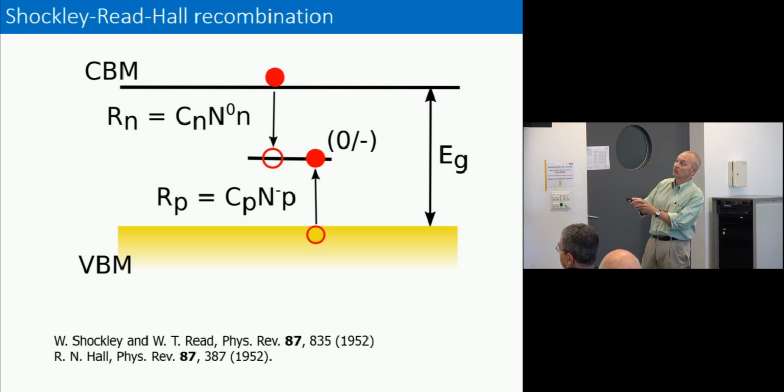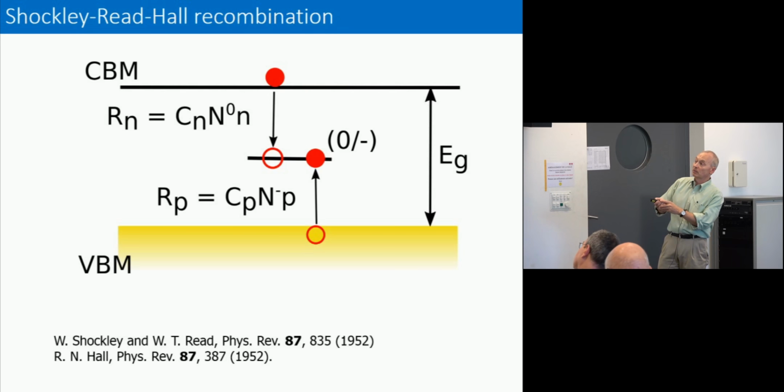I'm assuming an acceptor type of defect that can be either neutral or negative. So when it's neutral, it can capture an electron, and the rate is proportional to the number of such defects. And then here's the quantity that we're actually aiming to calculate. It's the so-called capture coefficient for electrons at this defect level. And you have a similar expression for the holes. Okay.